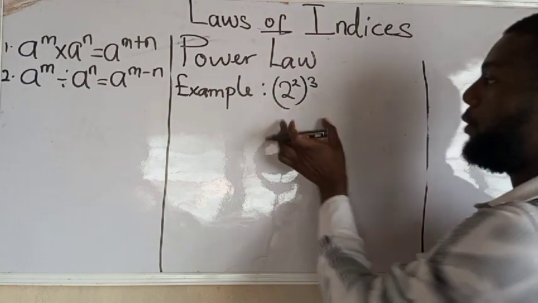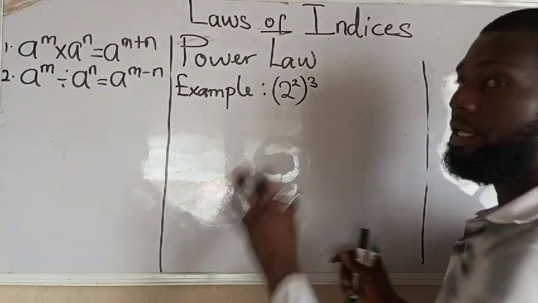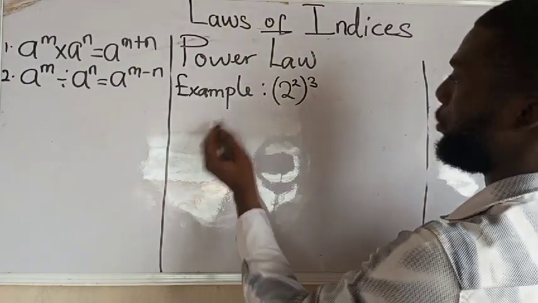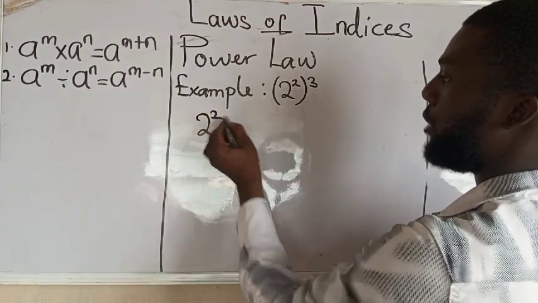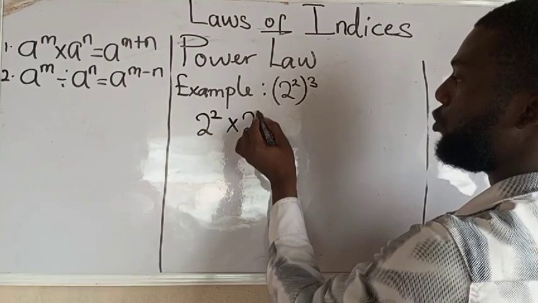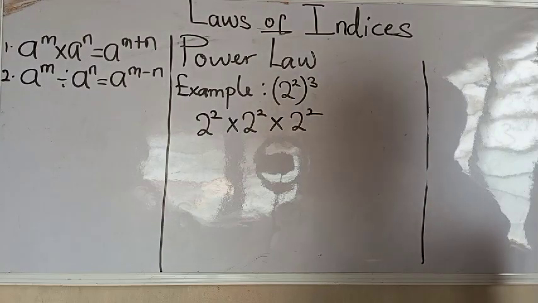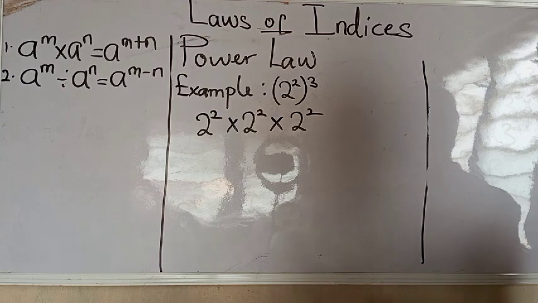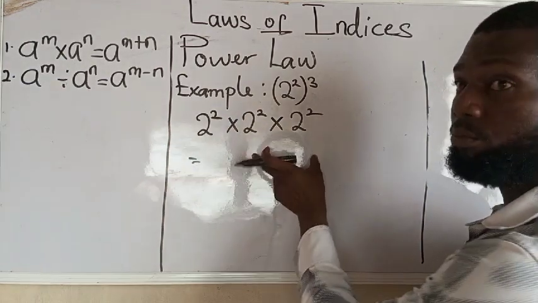Do we know that this is also the same as saying 2 raised to power 2 in 3 places? Let's look at it this way. I can say this is 2 raised to power 2 times 2 raised to power 2 times 2 raised to power 2. And going by the laws of indices, they are of equal bases here.